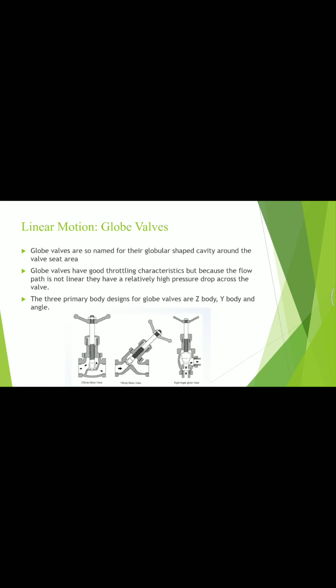The three primary body designs for globe valves are Z body, Y body, and angle. And we see three pictures. The first picture is Z body, the second is Y body, and the third is right angle globe valves.